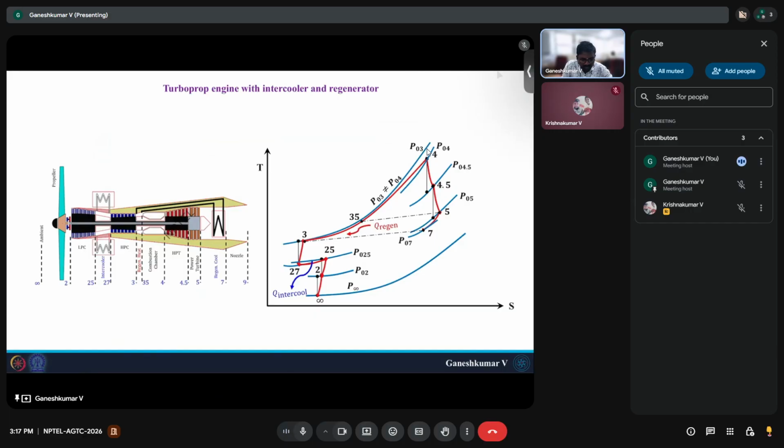So from 3 to 3.5, it is heated by the regenerative heat, not the fuel. From 3.5 to 4, the energy is added in the combustion chamber, which is coming from the fuel. From 7 to 9, you have the nozzle.